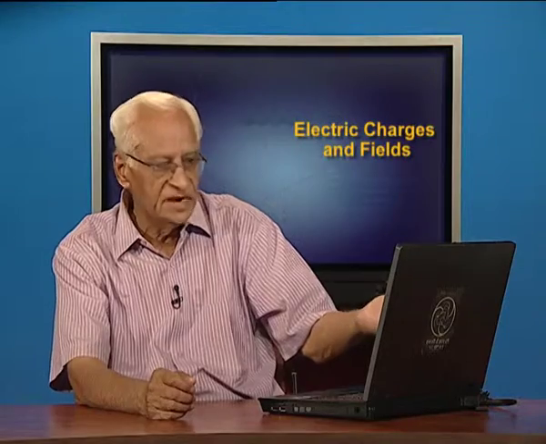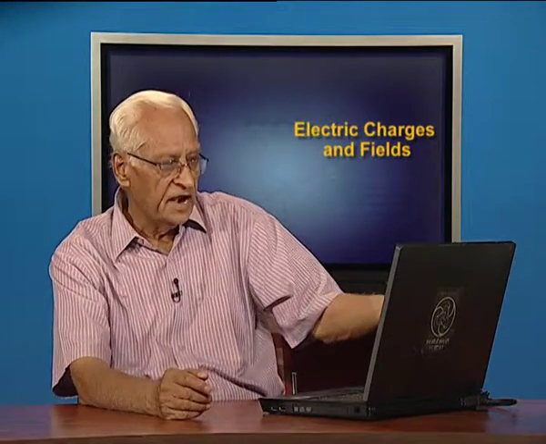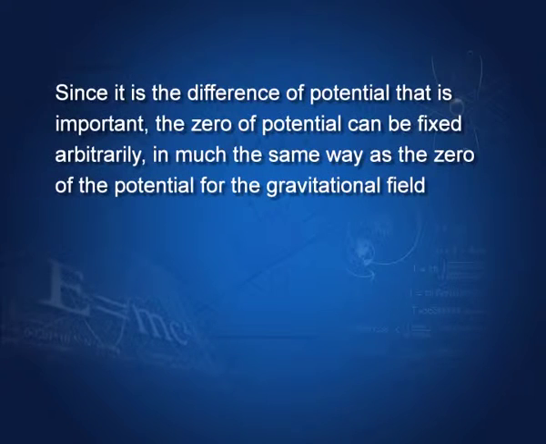When I say plus constant, actually I am fixing the value of 0 somewhere, because when I differentiate phi with respect to r, the derivative of the constant becomes 0, and we get E equal to q by 4 pi epsilon 0 r squared times r cap. Since it is a difference of potential that is important, the 0 of potential can be fixed anywhere arbitrarily.